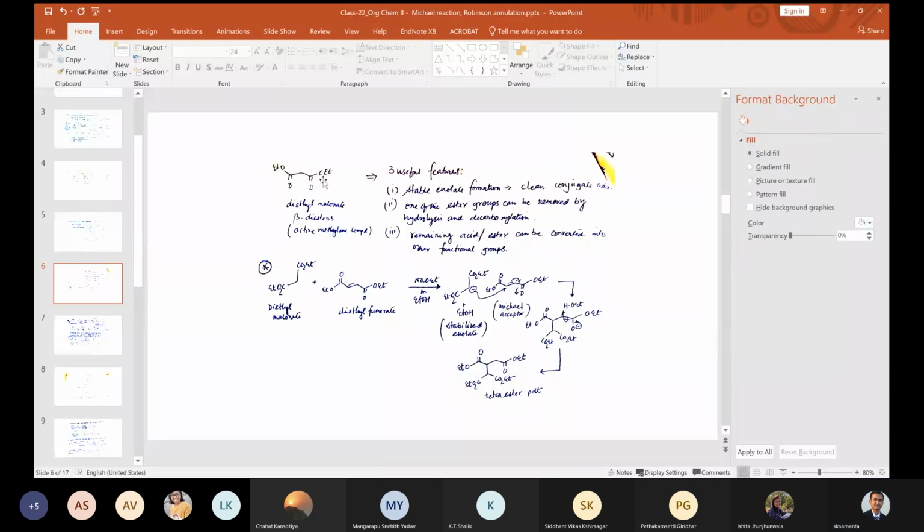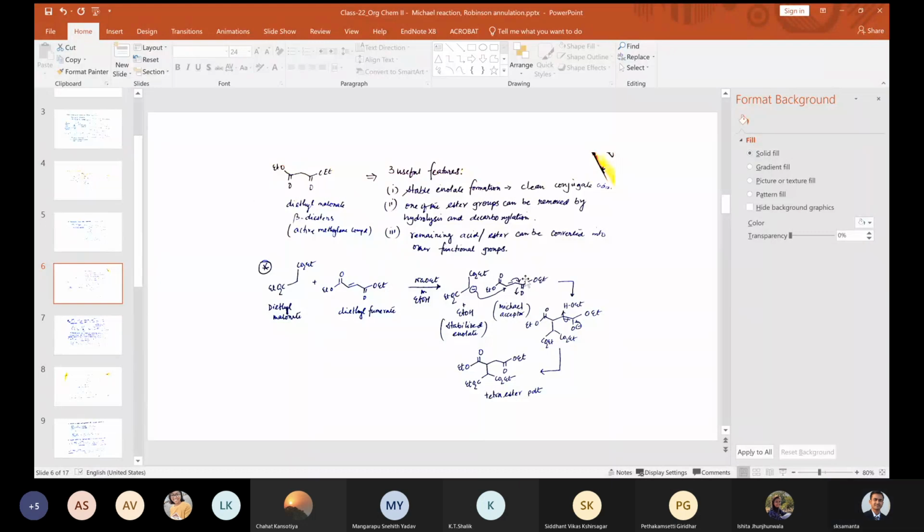That means they form a kind of beta ketoester moiety, so after you do hydrolysis followed by acidification and heat treatment, one of the COOH groups will be removed.